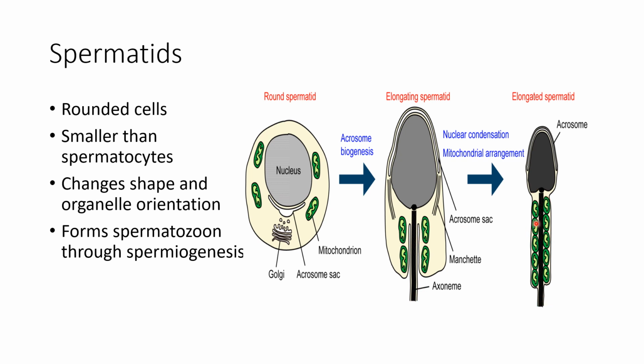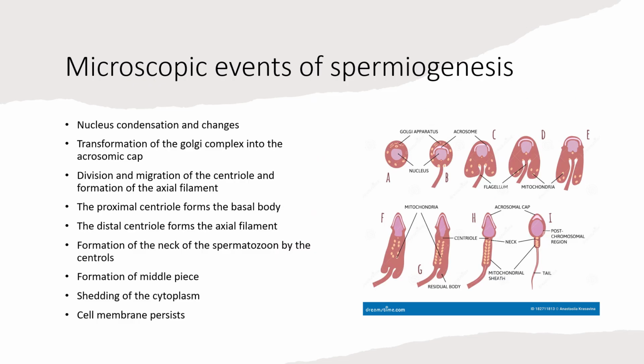This is what I'm talking about. You can see the mitochondrial arrangement at this point. You can see the nuclear condensation, and you can see the acrosome coming to lie at the tip, where eventually will become the head of the sperm.